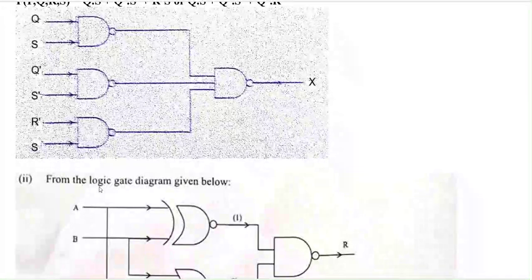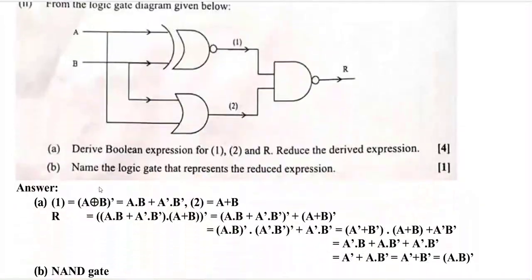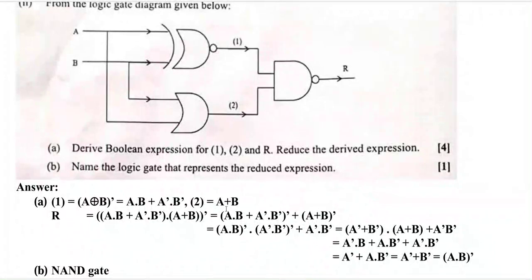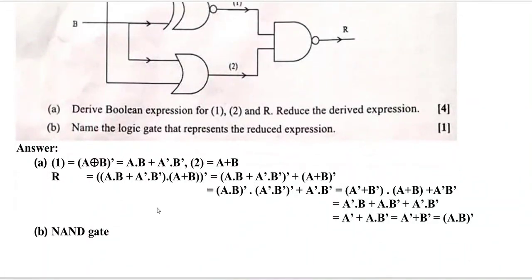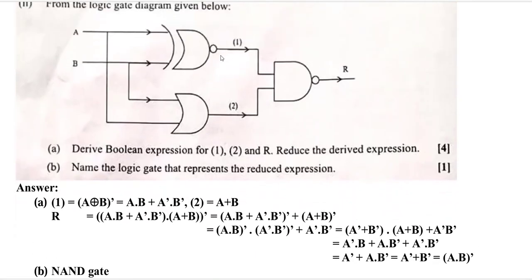Second part of the question, a logic diagram was given. It is asked you to find out what is the output of gate 1, gate 2, and the final output R. Then you have to reduce it and get the reduced expression. So I find out number 1. At number 1, it is an XNOR gate.